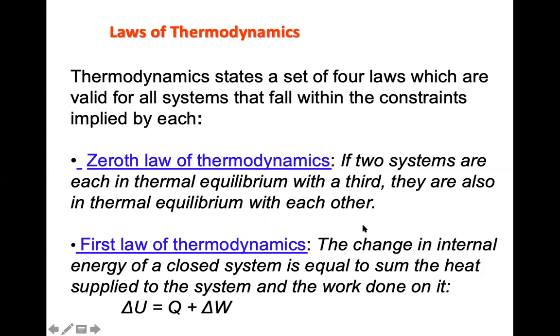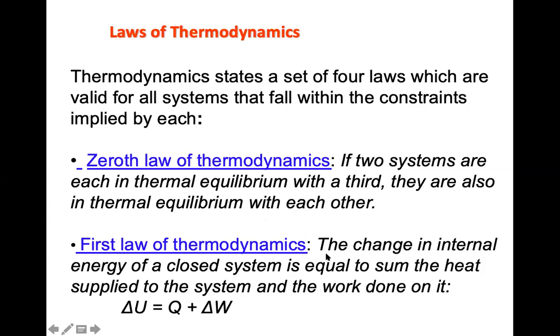Very interesting. For example, there are 3 systems, and if 2 systems are each in thermal equilibrium with the third, then they are also in thermal equilibrium with each other. This is a very simple law.